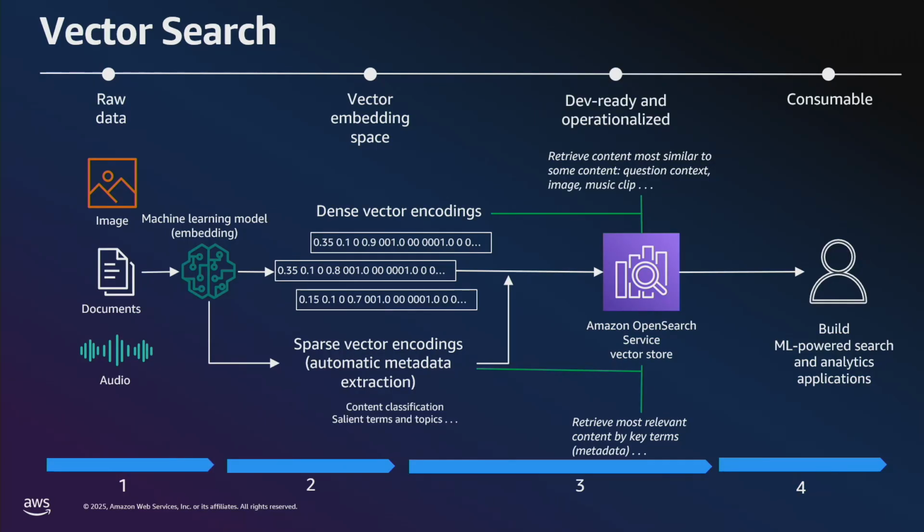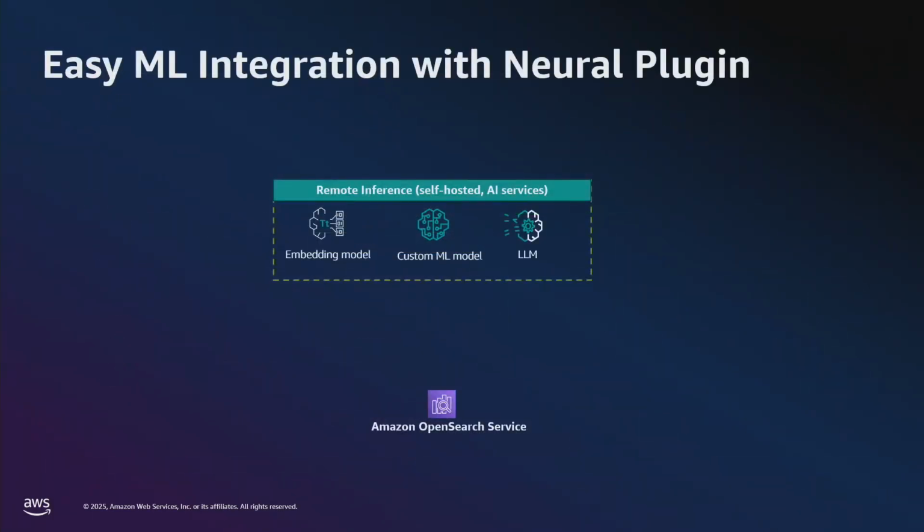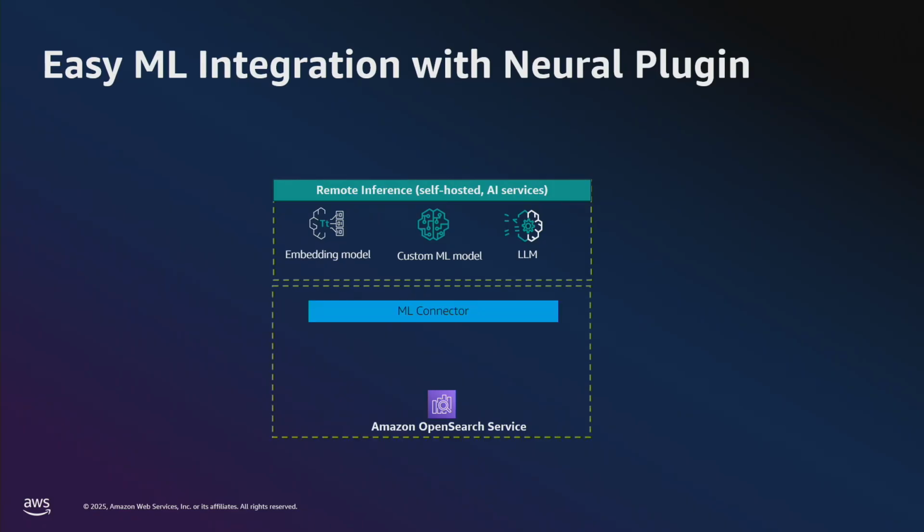If you look at this workflow, there is a bit of a task you have to do to connect to the remote models hosted in an external model hosting provider. We simplify this with the OpenSearch Neural plugin. It provides readily available connection blueprints, which you can use to connect your models running on Bedrock, SageMaker, OpenAI, or even self-managed models.